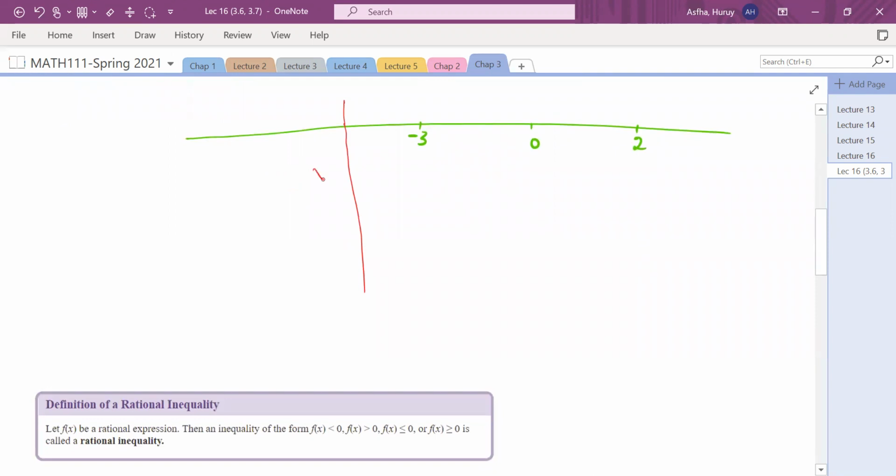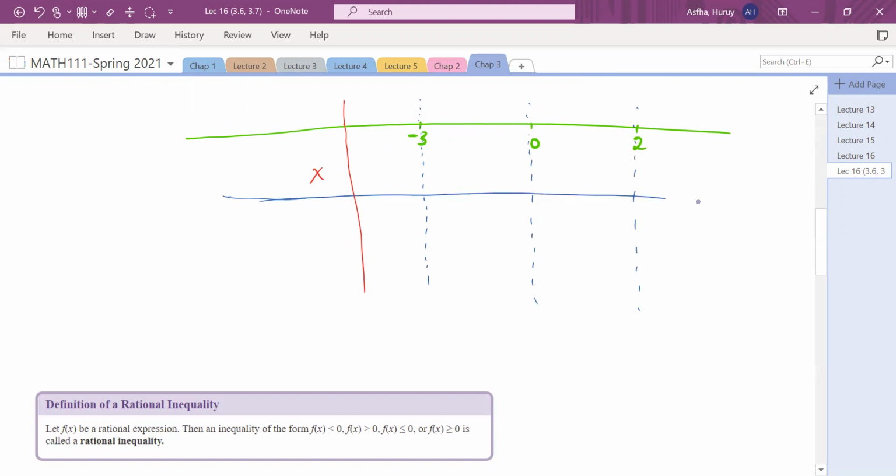So x, here is one of the boundaries. This is a boundary. This is another boundary. We call these boundaries.